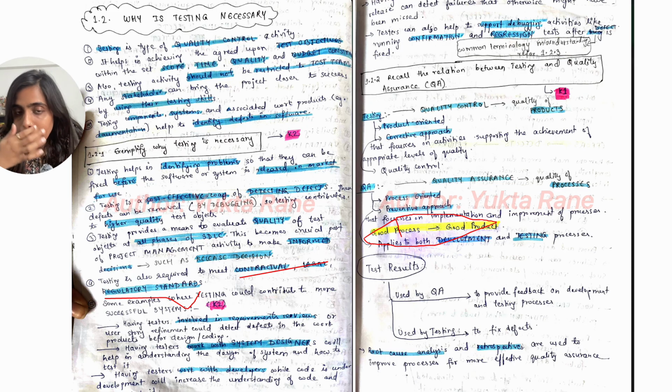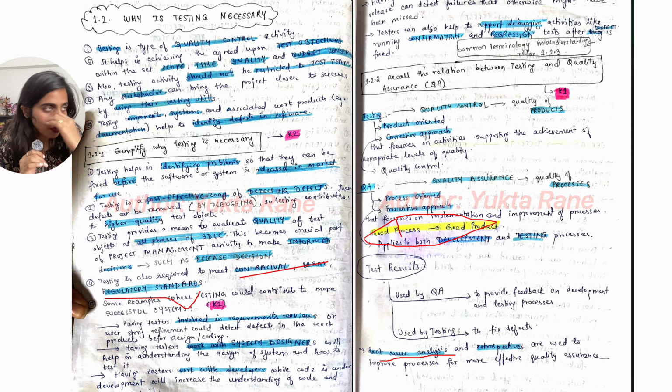Okay. And the final test results that come out of testing are used by QA to provide feedback on the development and testing processes both, whereas the test results are used by testing to report defects to the developers. Also, root cause analysis and retrospectives are used to improve processes for more effective quality assurance. For quality assurance, it is very important to carry out a retrospective. What is a retrospective?